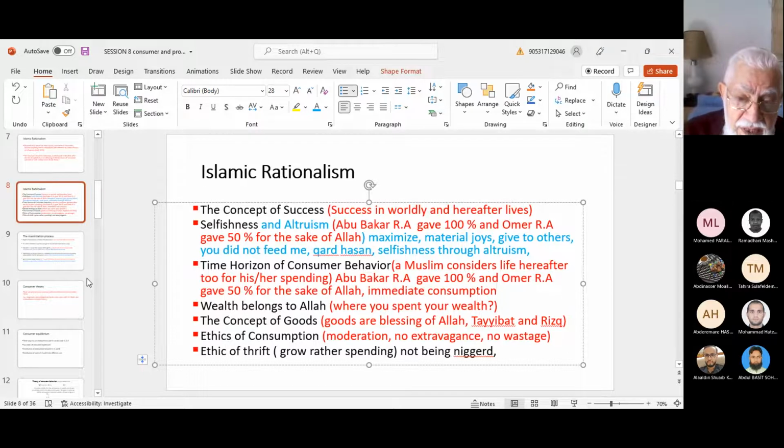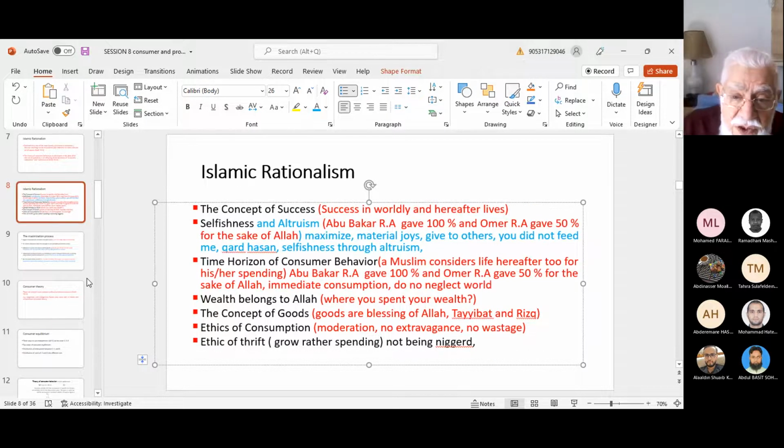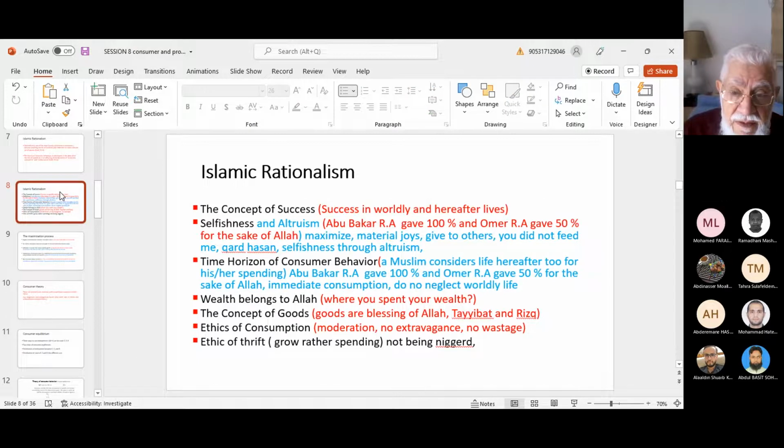Yes, you work toward the afterlife, but do not neglect your worldly life. This is repeated all the time in the Quran, in addition to the direct order: وَكُلُوا وَاشْرَبُوا وَلَا تُسْرِفُوا. Use for consumption and do not overspend on it.